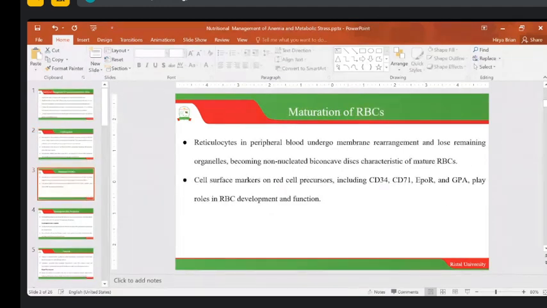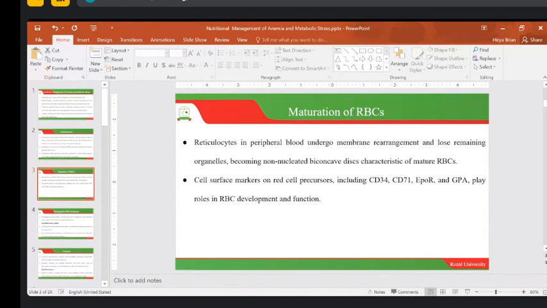For maturation of these red blood cells, the reticulocytes in peripheral blood undergo membrane rearrangement and lose remaining organelles, becoming non-nucleated. When we talk of non-nucleated, it means they do not have a nucleus in them. They also become biconcave discs, which is a primary characteristic of red blood cells.